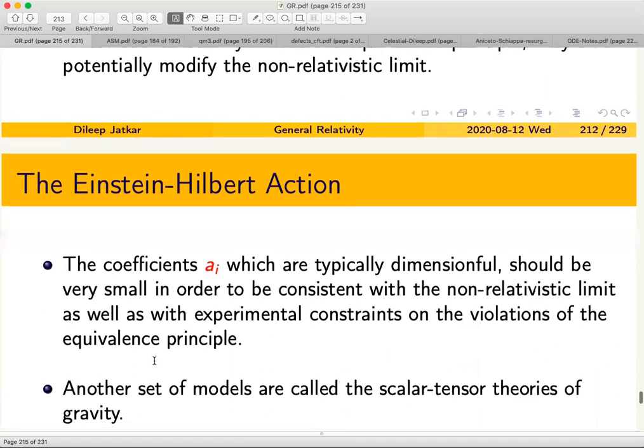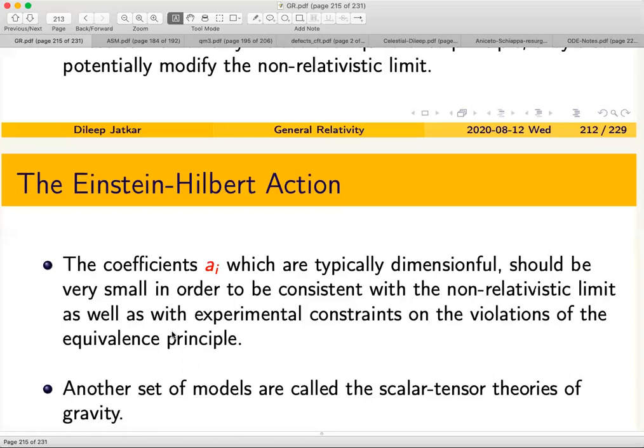Now, I should mention one thing, that the experiments that we have done to measure deviation from Einstein's theory are not done very extensively. Those measurements have been done, say, for deviation in the law of gravitation over distance scales of a few millimeters to a few kilometers, and then distance scales which are cosmological, like parsec to several megaparsec.